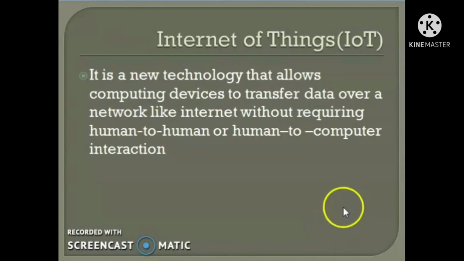Next topic is Internet of Things. You must have read stories like a person was able to monitor his home through his smartphone even while he himself was sitting in another country.